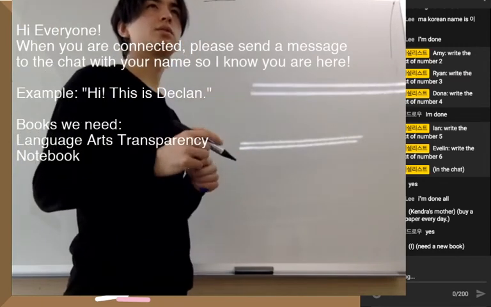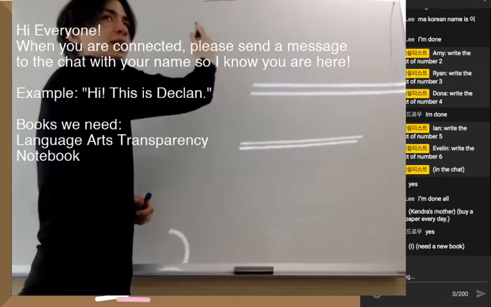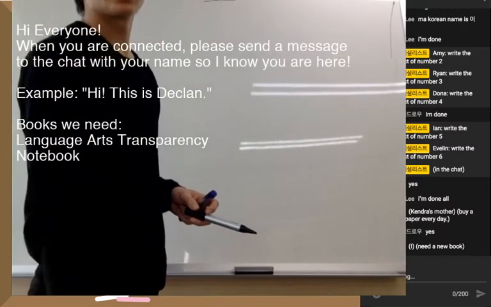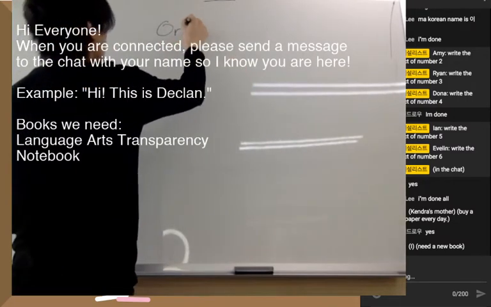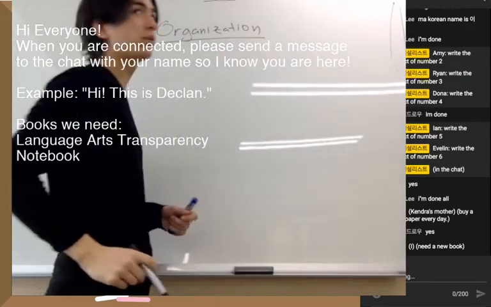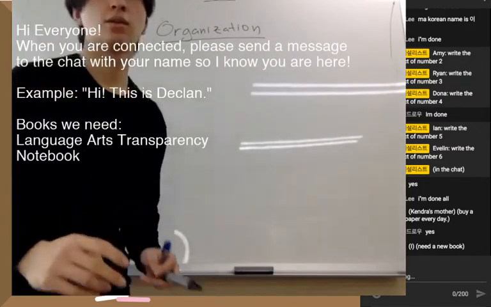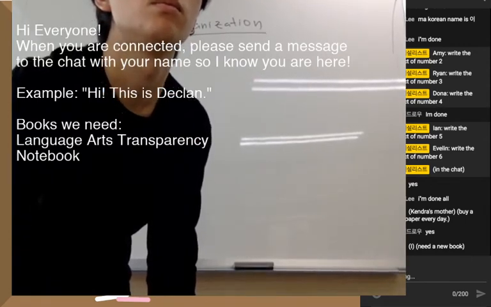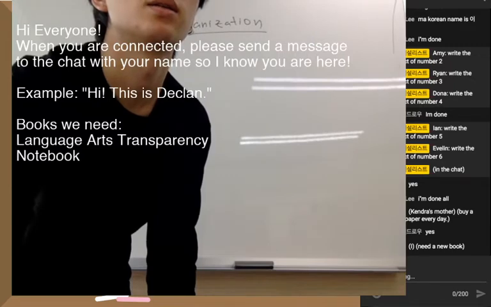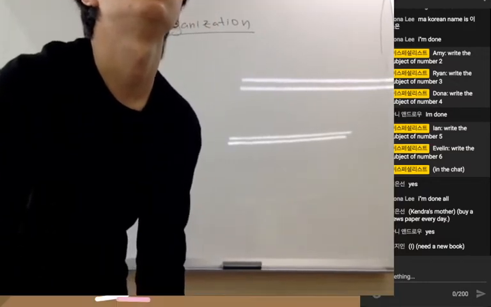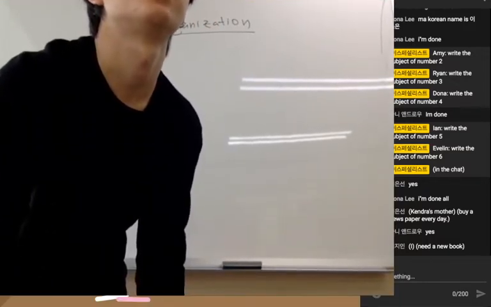Okay. Let's see. If I write here, that's high. Then go all the way to over here. Oh, good. You can see the whole board. All right. We have to think about organization. Okay. So everybody take out your notebooks. Can you see that? Why are there words on top of that? How do I fix that? The text below. Let's hide that. Aha. Alright, good. Ooh. It's kind of strange. Anyway.